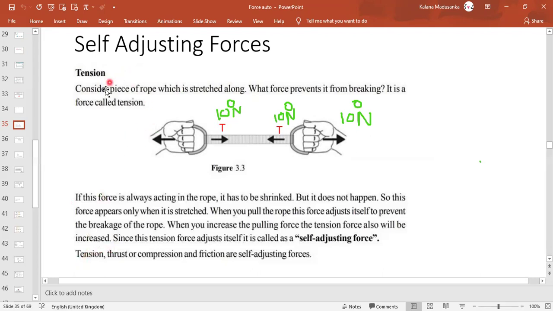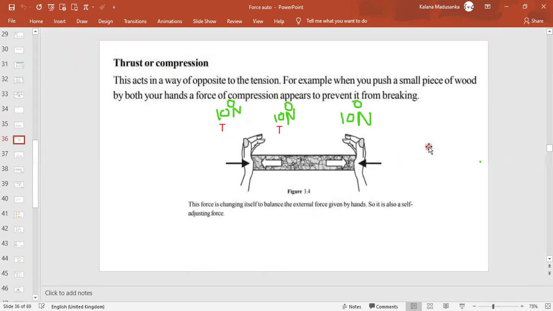The opposite of tension is called thrust or compression. And also friction is one of the self-adjusting forces as well.